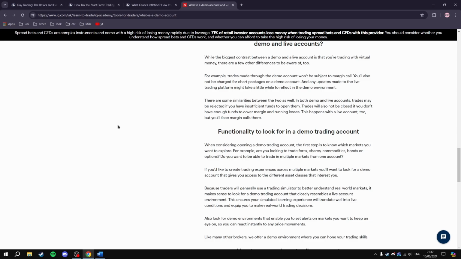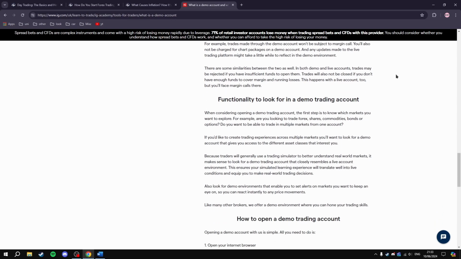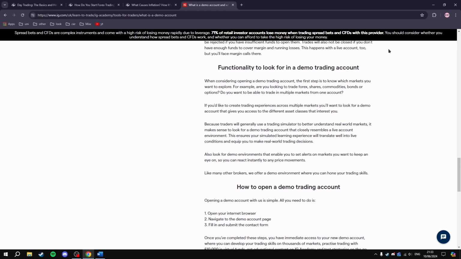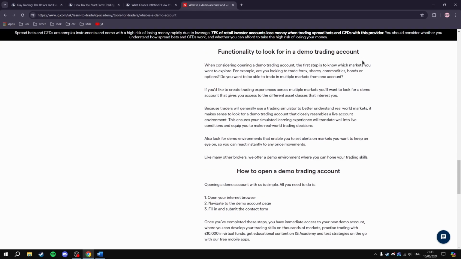There's also some similarity between the two. In both demo and live accounts, trades may be rejected if you have insufficient funds to open them, and trades will also be closed if you don't have enough funds to cover margin and running losses. You get a margin call if that happens in a live account.